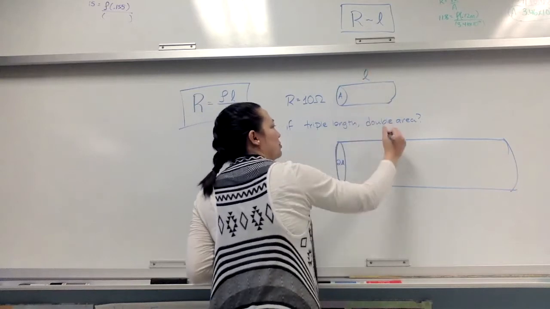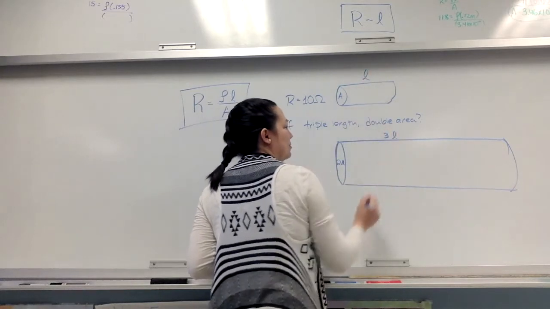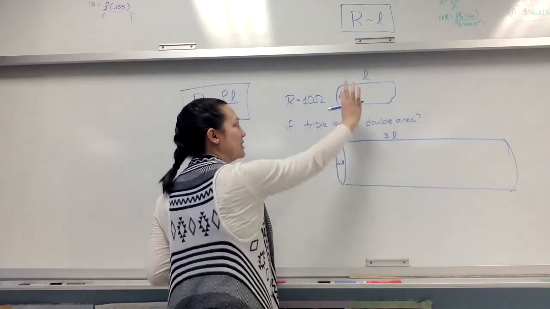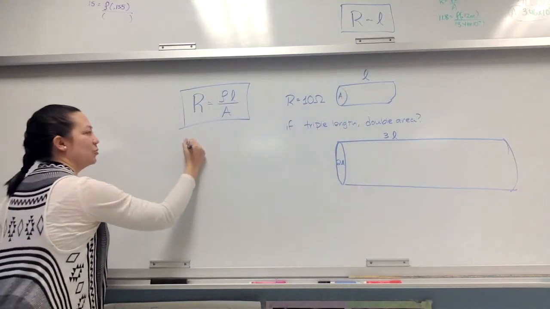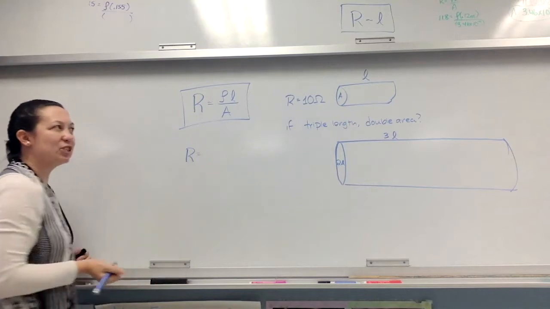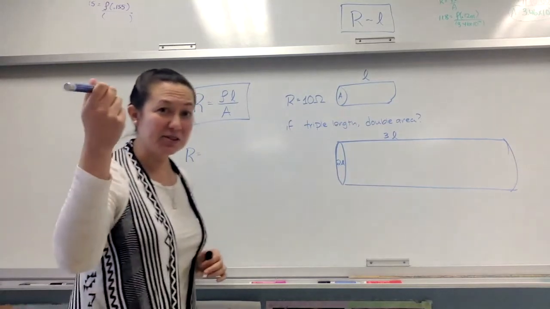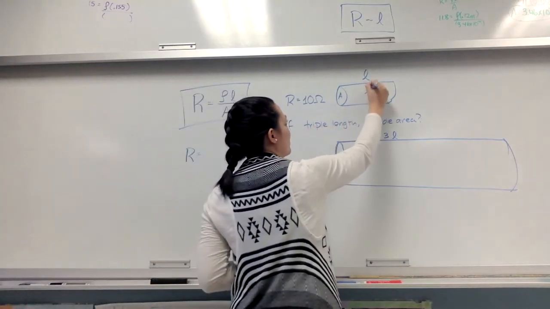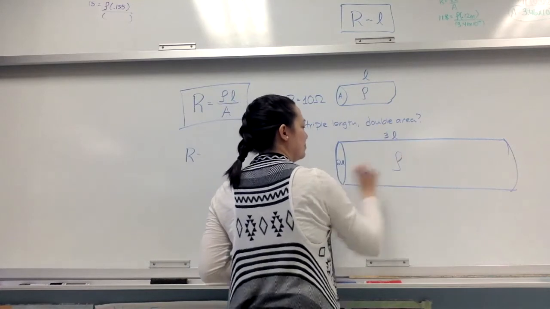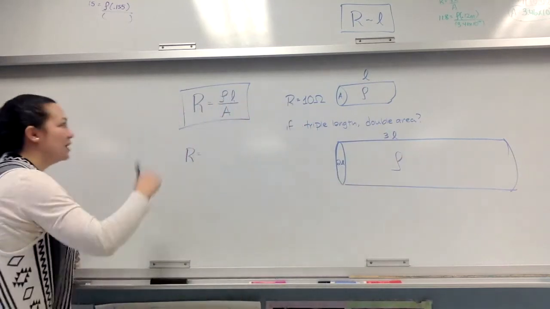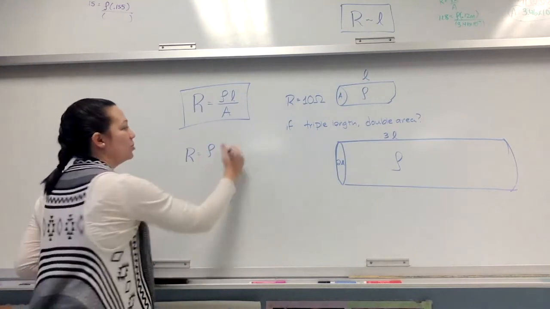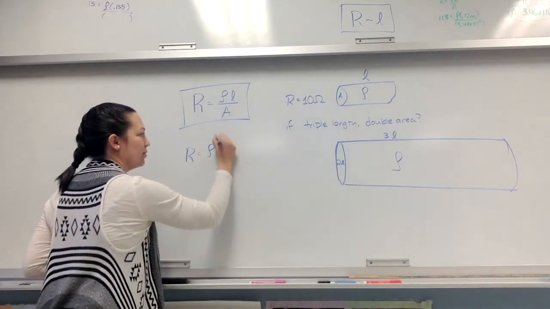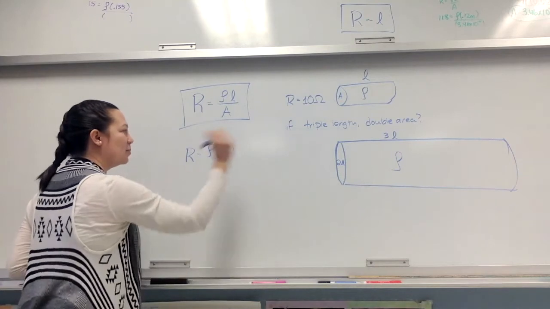So let's see what would happen here. The length triples, so that's 3L. The area doubles, that's 2A. Substituting into this original equation, I see that I haven't changed the material. I'm still using the blue marker, indicating that the material stays the same. So I have the same resistivity, same material, but triple the length and double the area.